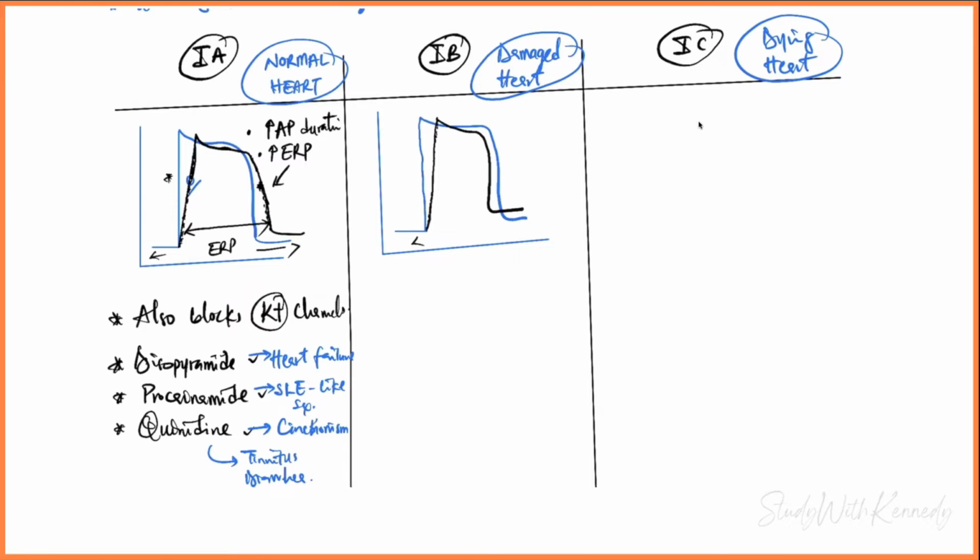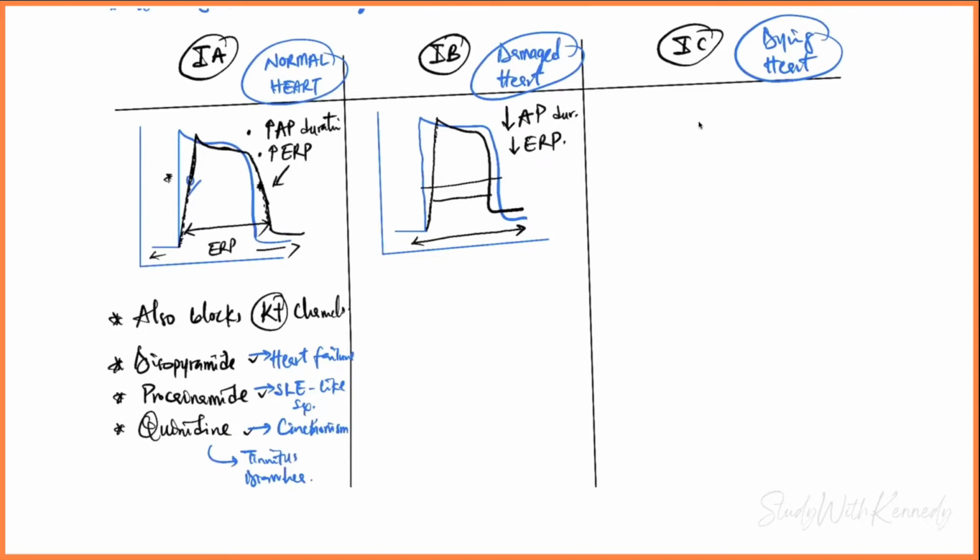The action potential duration and effective refractory period are reduced. So class 1B drugs, this is shorter than the original. Class 1B drugs decrease the action potential duration and decrease the effective refractory period. You want to remember that.